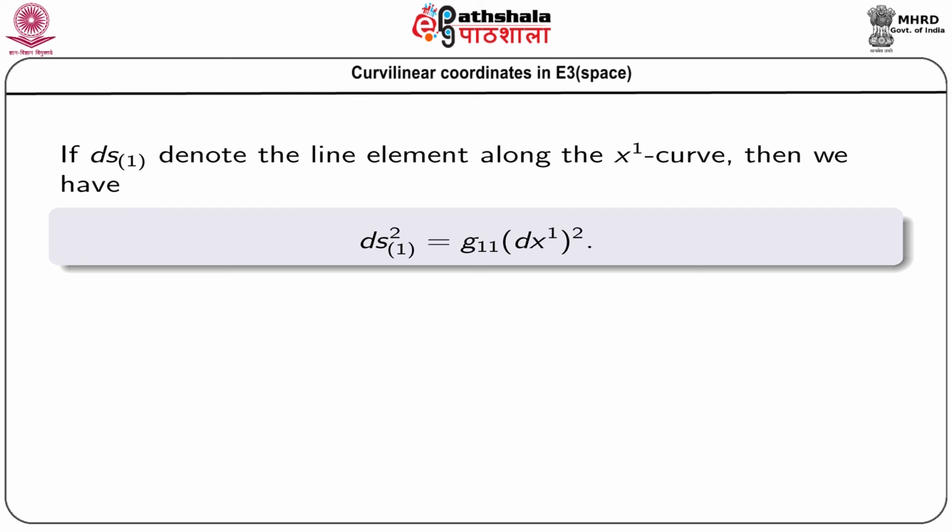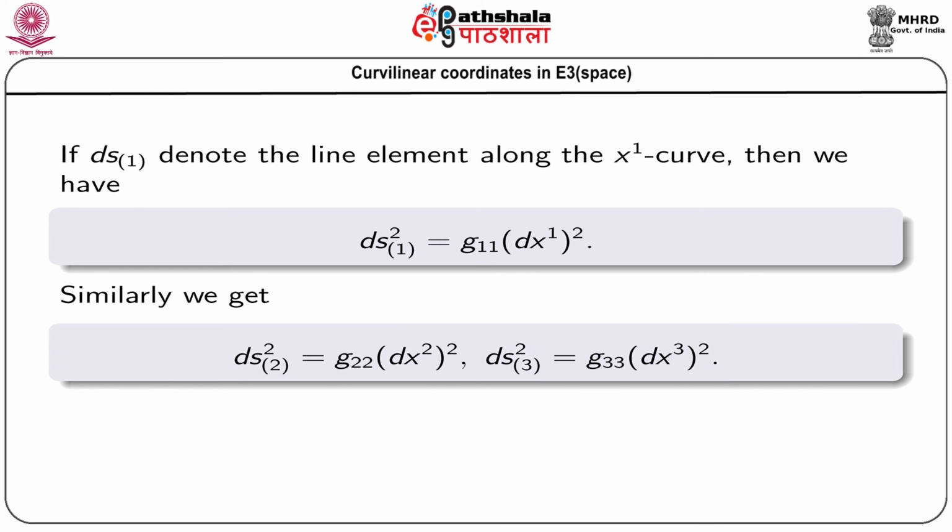So, ds1 square will be equal to g11 dx1 square. Similarly, ds2 square equals g22 dx2 square and ds3 square equals g33 dx3 square.